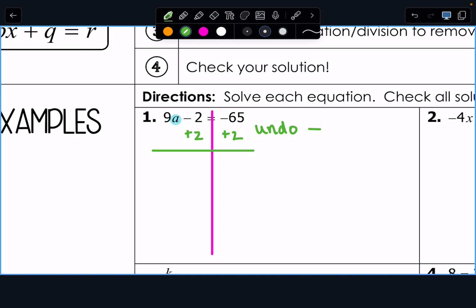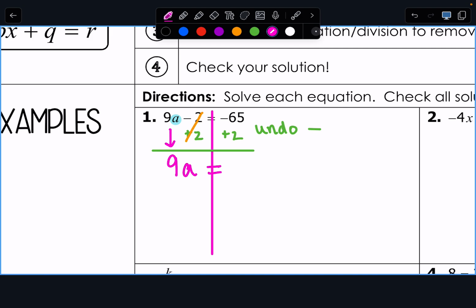When we do that, the minus 2 plus 2 are going to cancel, but we still have 9A. So we need to make sure we still bring down that 9 with the A. We haven't done anything with it yet.